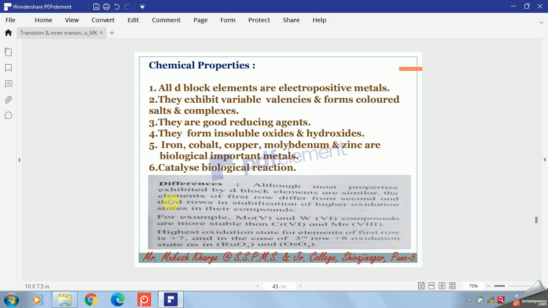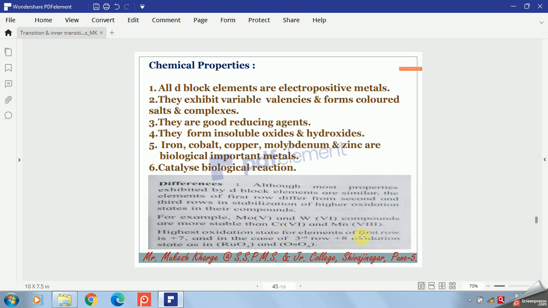For example, molybdenum in its +5 oxidation state and tungsten in +6 oxidation state in their compounds are more stable than chromium in +6 and manganese in +7 oxidation state of their compounds.